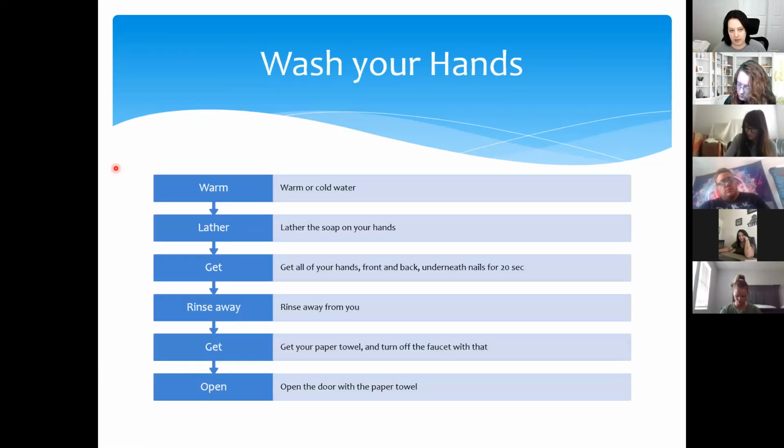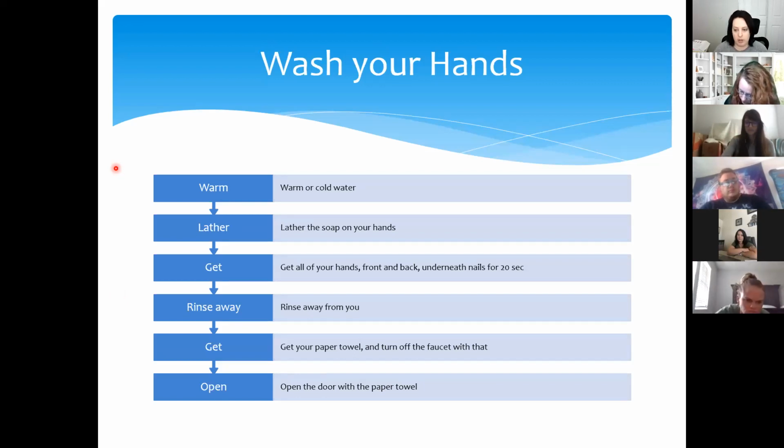So how to wash your hands. When we are on campus for Therapeutics 2, we'll do our hand washing check off. You should use warm or cold water because hot water is more likely to damage the skin and create an open area for bacteria or other microorganisms to use as a portal of entry.